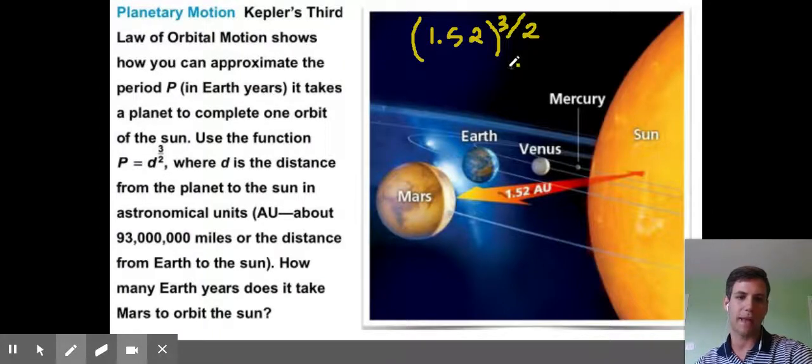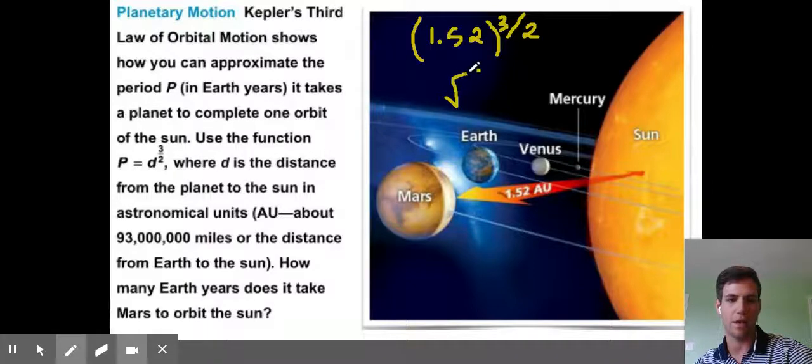So you could put that straight into your calculator, but if it makes more sense to you, that is the equivalent of the square root of 1.52, and we'd be raising that to the 3rd power.